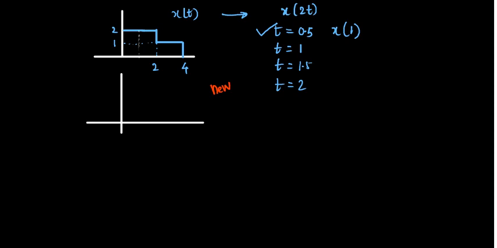This is 1, this is 0.5, this is 1.5, and this is 2, as we have defined. What is the value of the new signal at t equal to 0.5? X of 1. What is the value here? 2, right? So at 0.5 the value will be 2 here.